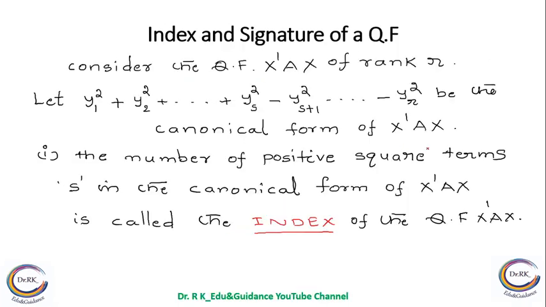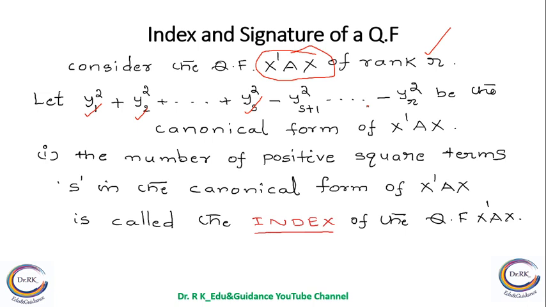Some more definitions. Now, continuation of the discussion. Consider x dash Ax, which is the given quadratic form, where the rank is r. As discussed, we are converting this into canonical form by using x equals Py. The outcome is the canonical form, which has only square terms: y1 square, y2 square, y3 square. It can be plus or minus, depending on the diagonal elements.